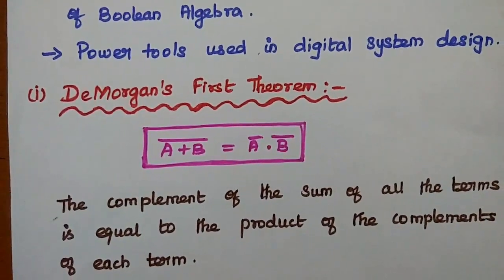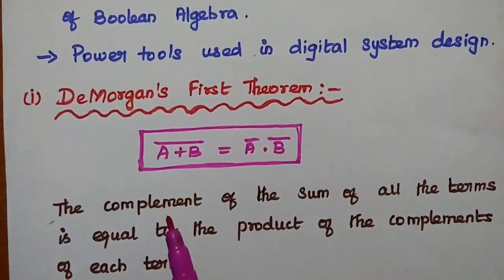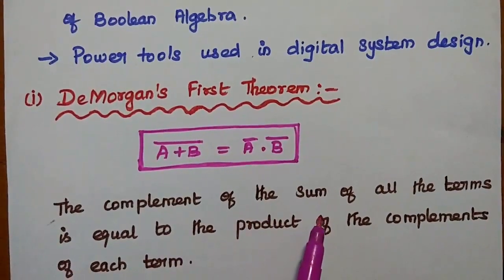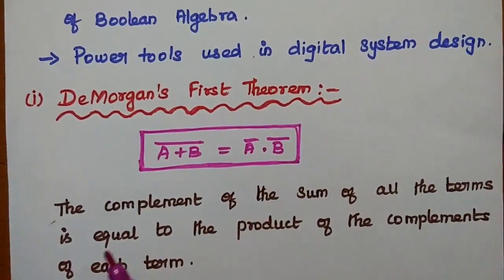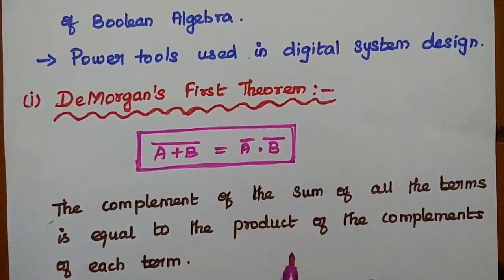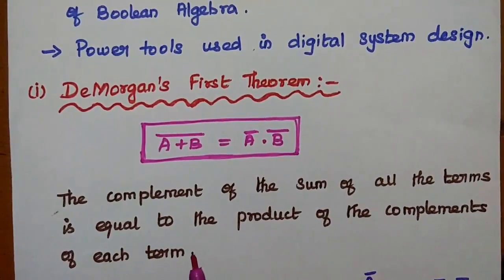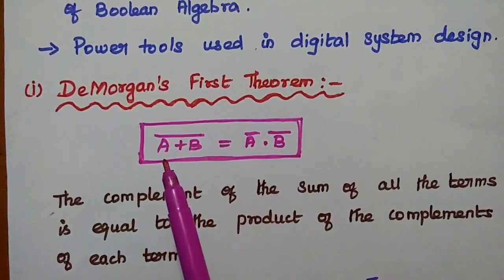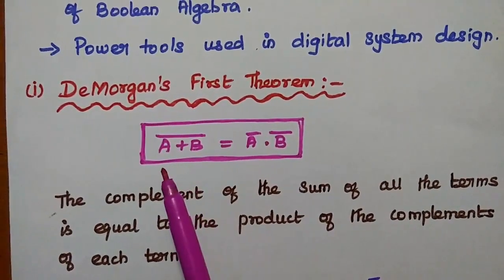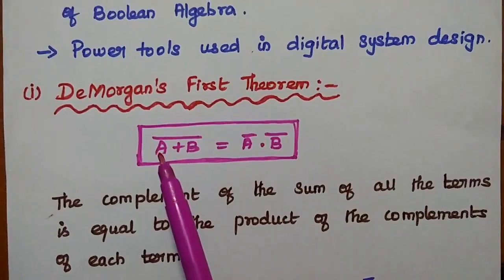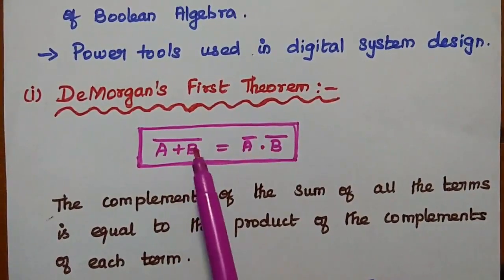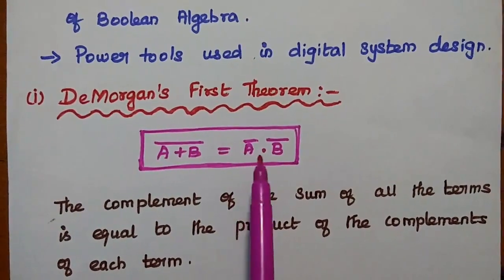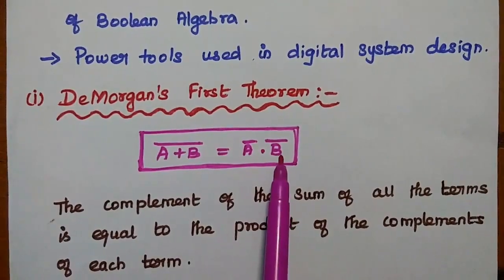The first theorem states that the complement of the sum of all the terms is equal to the product of the complement of each term. That is given like this. Here we consider only two elements, A and B. So (A plus B) the whole bar is equal to A bar into B bar.